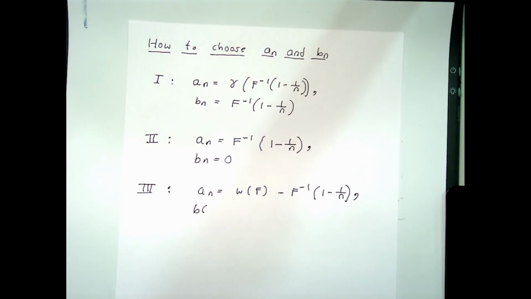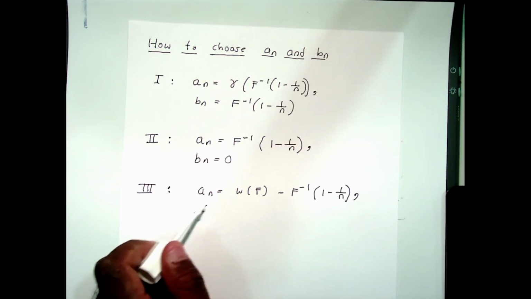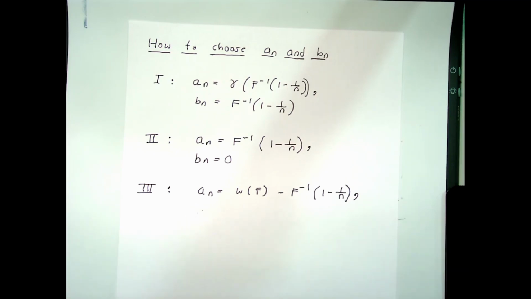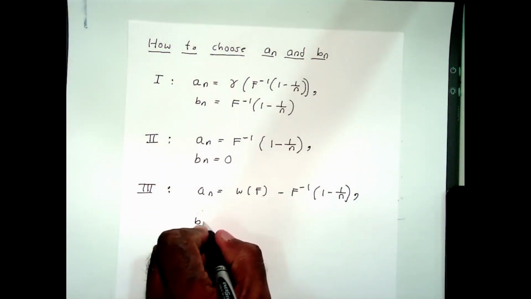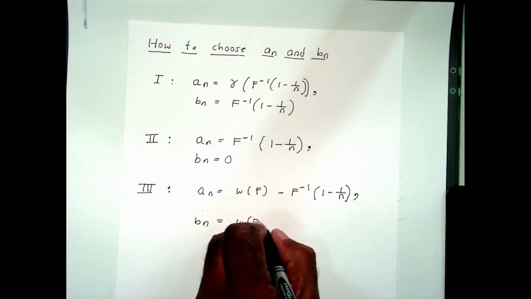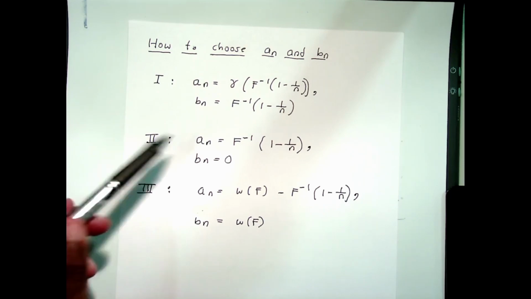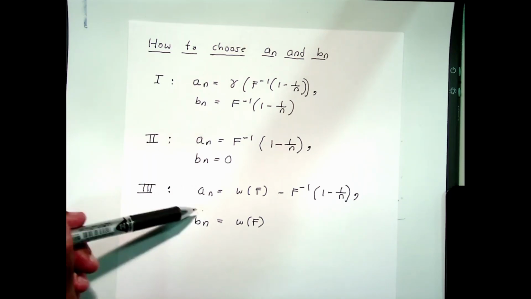Let me use my ink to erase what I have written here. Sorry, bn is equal to w of f. Okay. So depending on which of the three conditions is satisfied, you choose an and bn correspondingly.